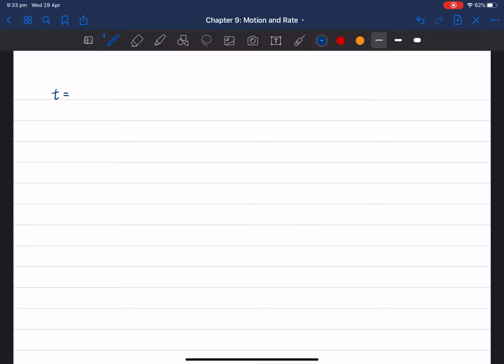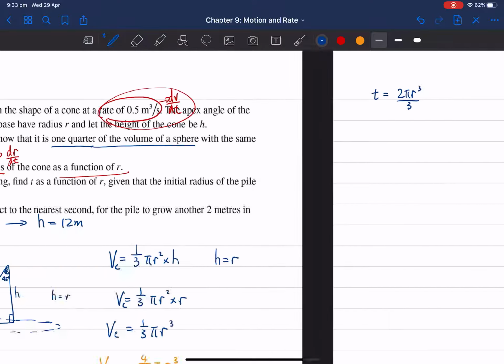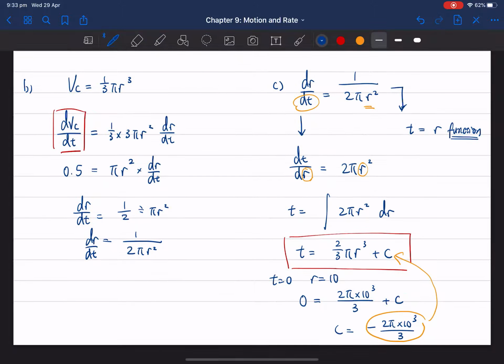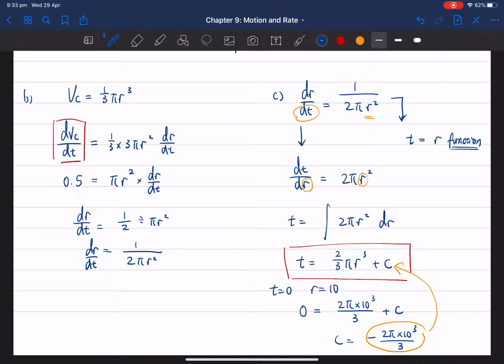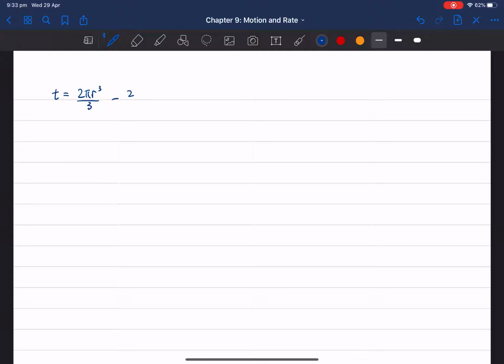T is equal to 2 pi r cubed over 3, plus c, or minus 2 pi times 10 to the power 3 over 3. If we factorize, that becomes 2 pi over 3 bracket r cubed minus 10 to the power 3. That's just a bit easier to do the calculation.